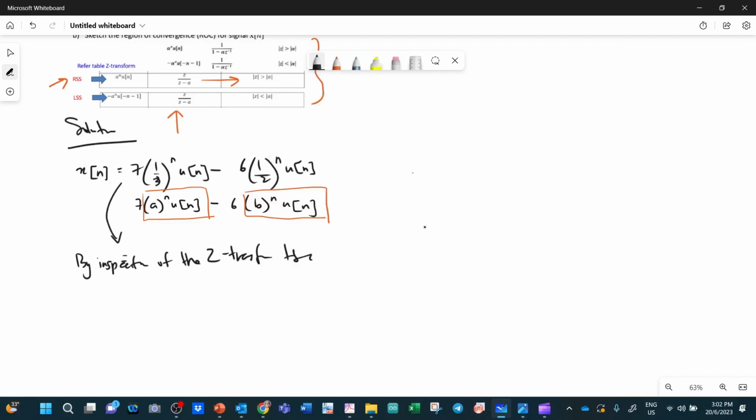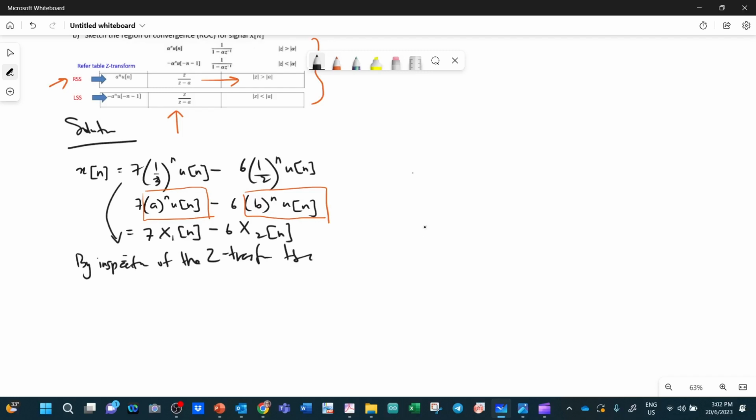Let's say we write it as 7 x1[n] minus 6 x2[n].